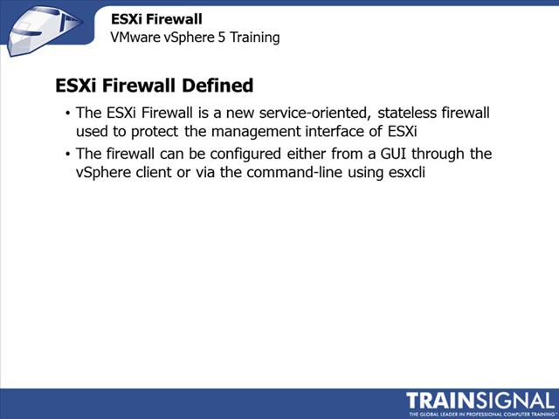Remember, there are other products that VMware has that take care of application firewall, the edge, antivirus, and malware. All of those come under the umbrella of the vShield family of VMware products. So again, the ESXi firewall is very specific to the management interface of ESXi. Furthermore, the firewall can be configured either from a GUI, which I prefer, or you can also configure it using the command line in ESXi.